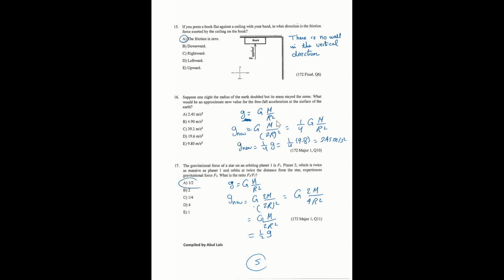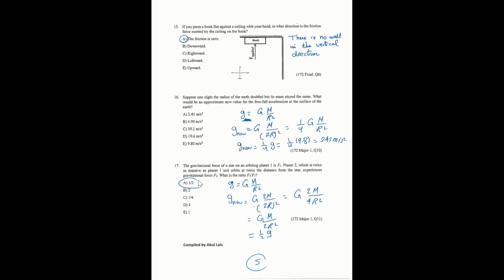So if the mass stayed the same, but the radius doubles, it would become 2r. Don't forget, it's 2r all squared, which is 1 over 4 GM over r squared, or 1/4 g. So it means that the gravity will be reduced to 1/4. It becomes 9.8 divided by 4, which is 2.45 meters per second squared.